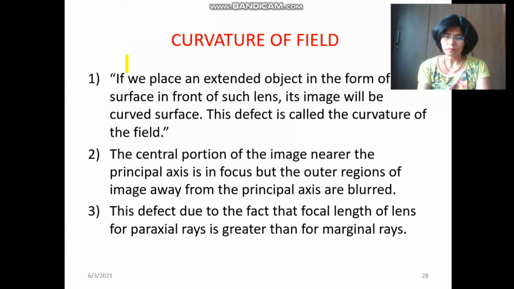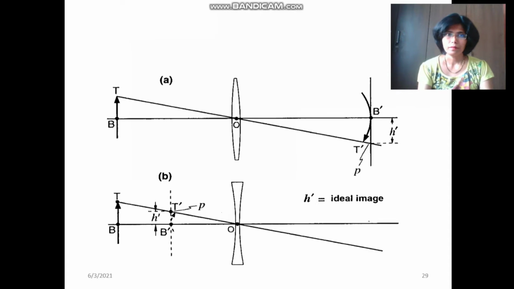Friends, this figure illustrates the presence of curvature of field in the image formed by the convex lens. An extended object TB is placed in front of the convex lens. The convex lens forms the image B dash T dash of the object TB.